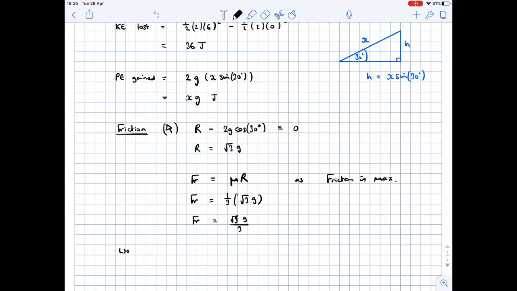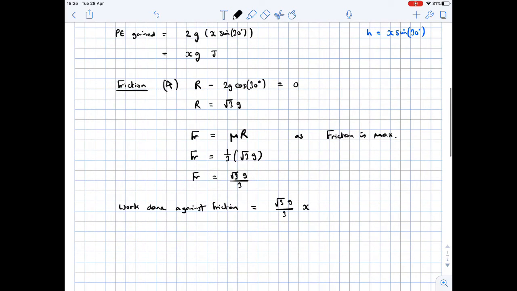Now, the work done against friction is equal to the frictional force, root 3g over 3, times the distance, so in other words, times x.